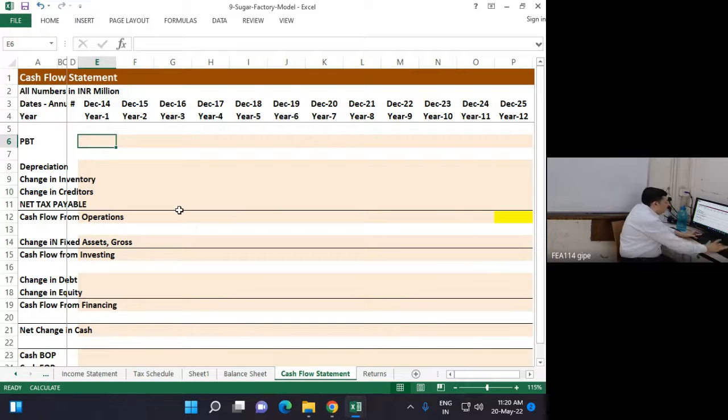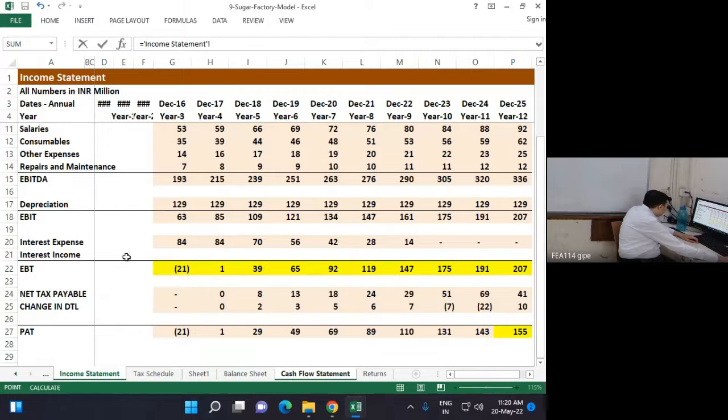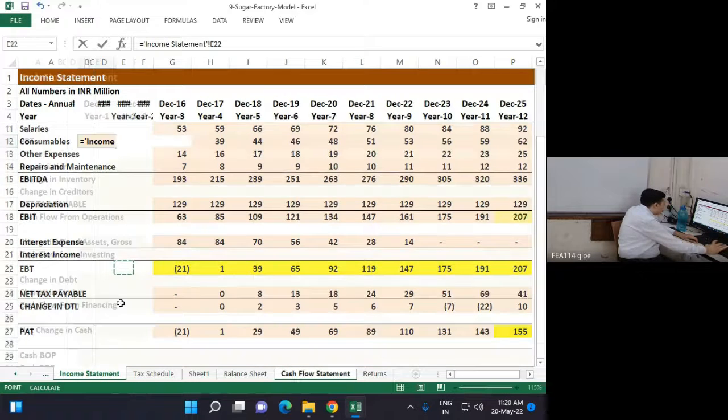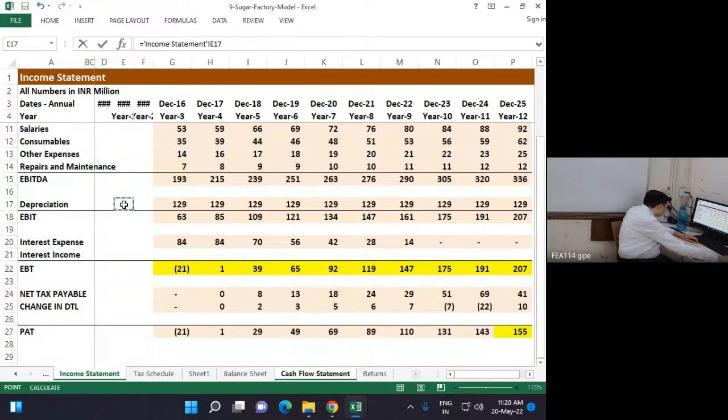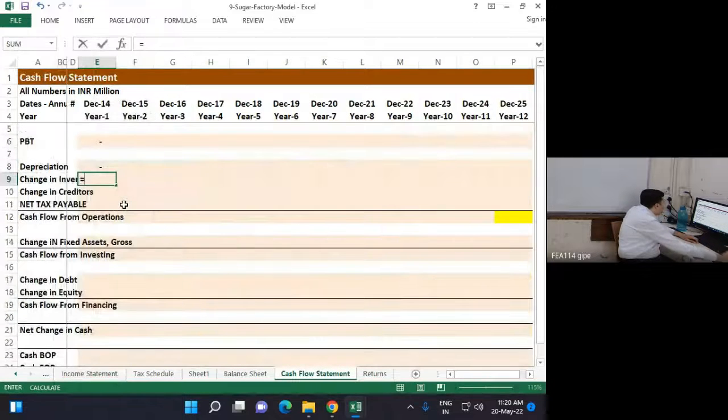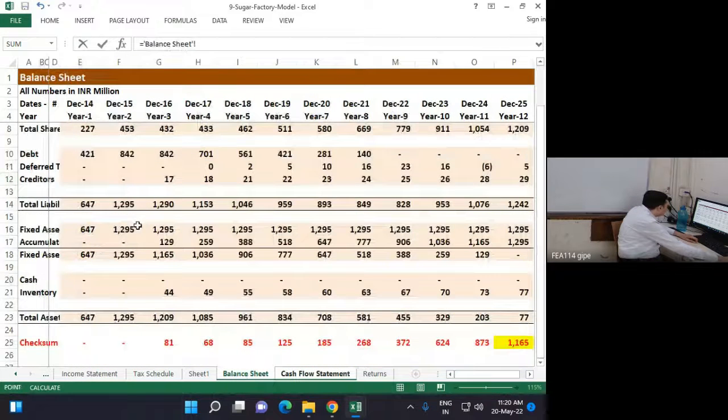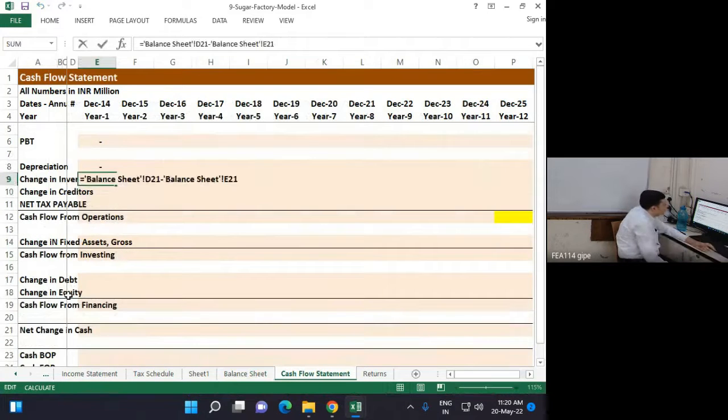First of all, again, E column should be linked with E column. I'll start with PBT. We will take it from income statement. Depreciation also we will take from income statement. Then inventory is an asset. So from balance sheet, we'll take last year's inventory minus current year's inventory.